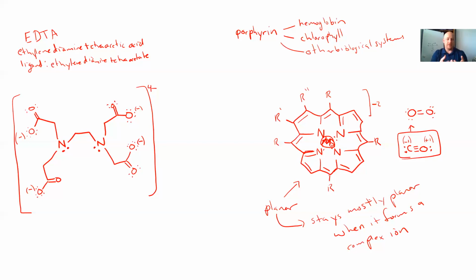It binds up the hemoglobin so that it can no longer transport the requisite amount of oxygen. So this transition metal chemistry is extremely important even in our everyday life, because if we don't have it working in our body, we will cease to exist.